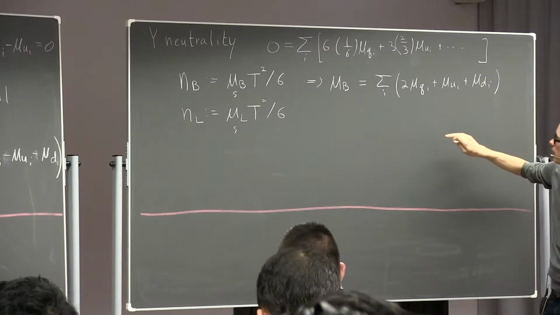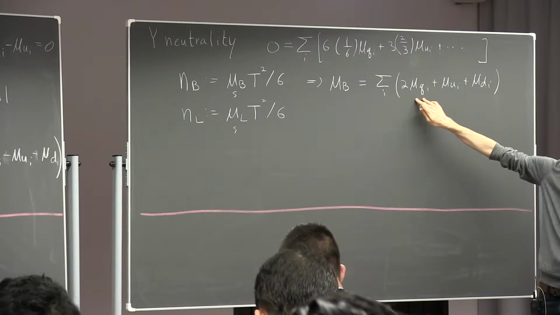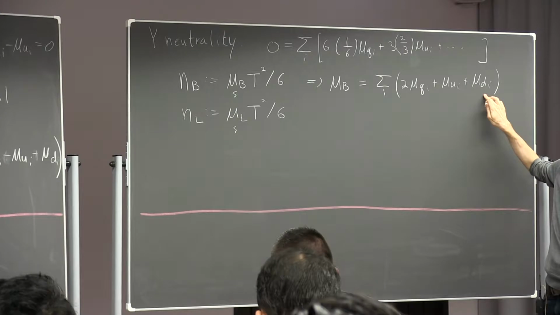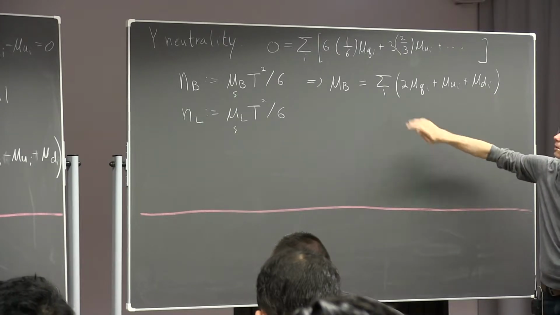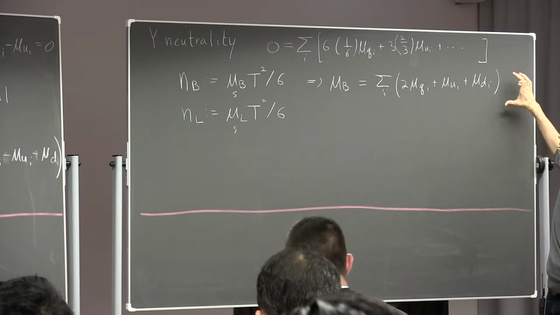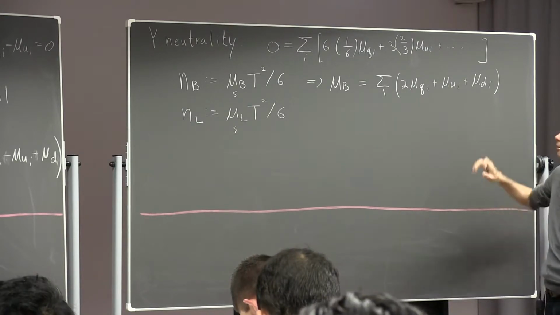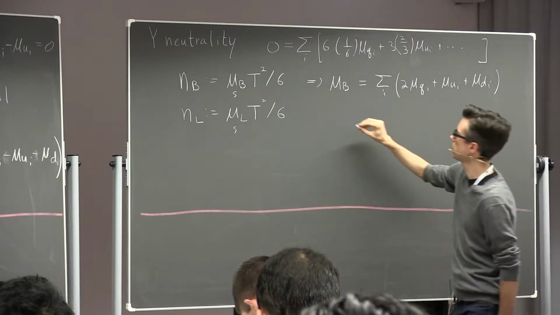So I effectively have 2 kinds of quarks from the left-handed doublet, one from the right-handed up, one from the right-handed down, and then I sum this over generations, and for each color I get 1/3, but that's cancelled off by the 3 colors I have for each quark type. So this is my chemical potential for mu b.